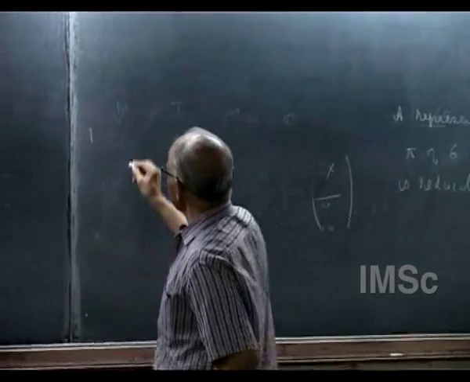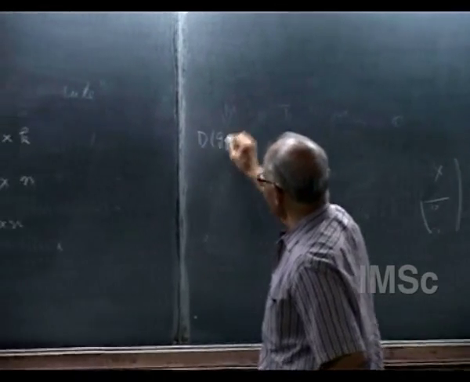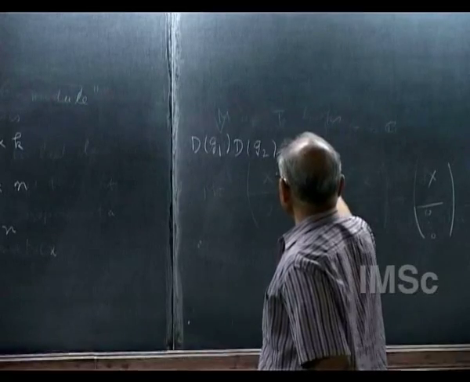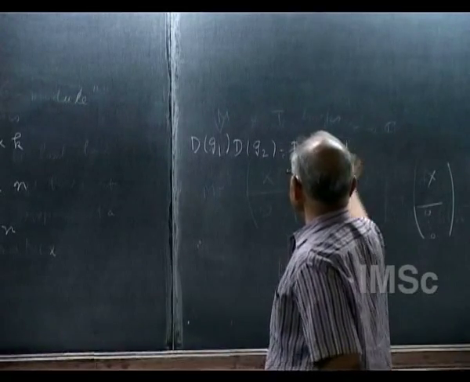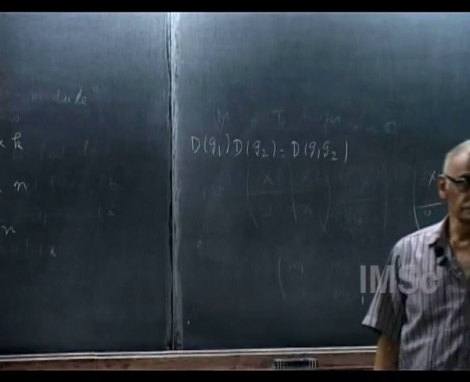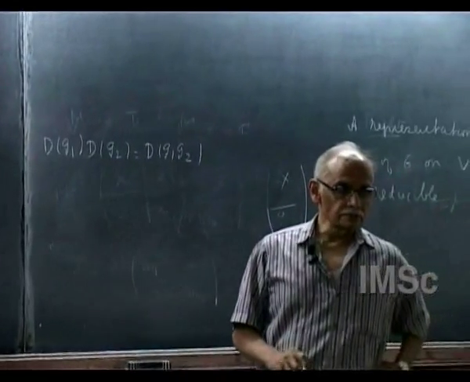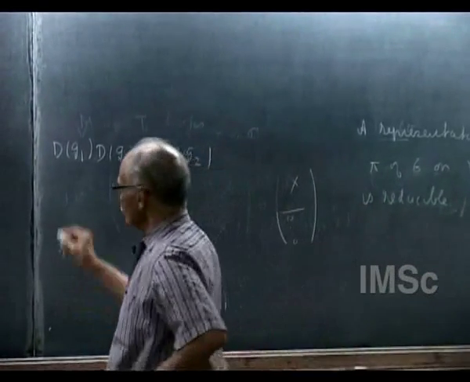This cannot be completely free, because if I take D of g1, D of g2, it is D of g1 g2. So, that puts some conditions on this d1 and d2. Let us see what it is.